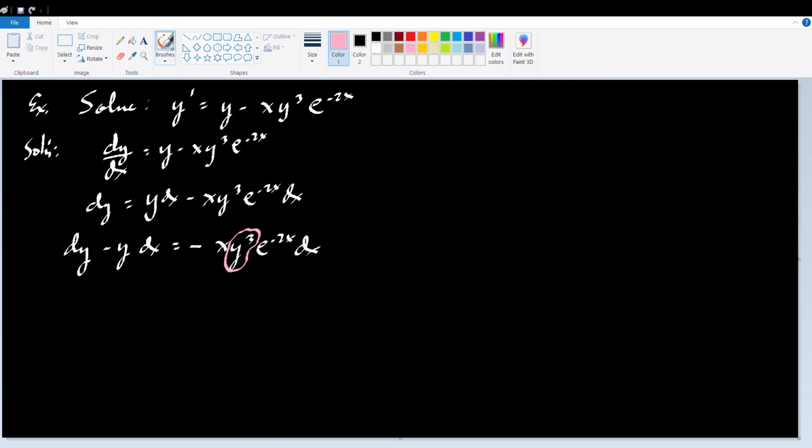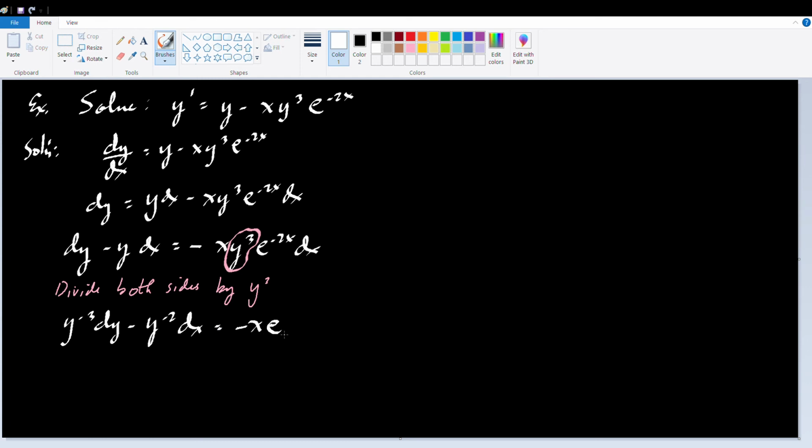So we divide both sides by y cubed. So y to the negative 3 dy minus y to the negative 2 dx equal to negative x e to the minus 2x dx.